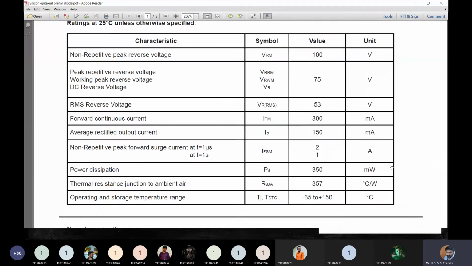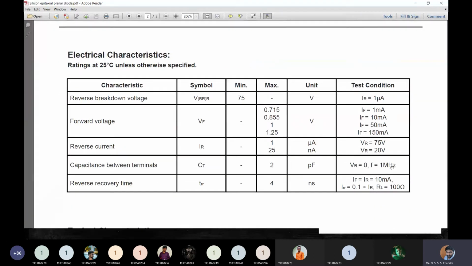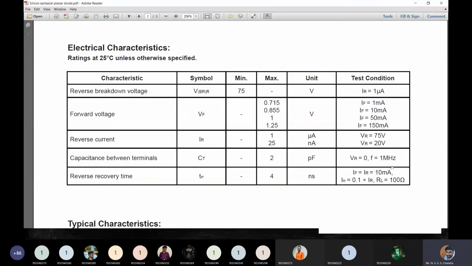We also have some electrical characteristics here, and these are more important for us. It is given that at 25 degrees centigrade, these values are valid only for this temperature. If the temperature varies, these values might also change.